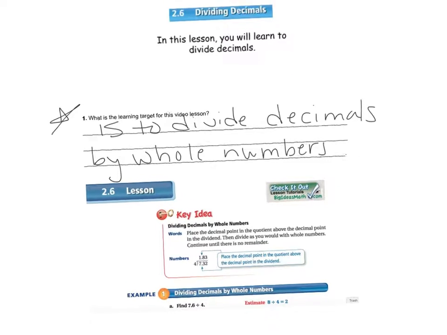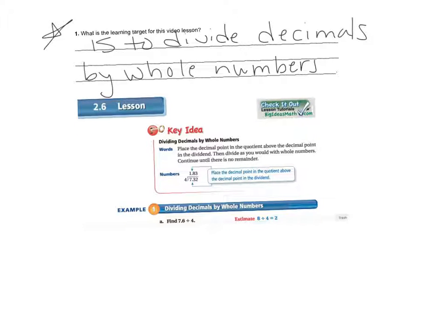Now, your key idea is right here for the lesson, in that we're going to want to place the decimal point in the quotient, which is your top number, above the decimal point in the dividend, which is your bottom number.